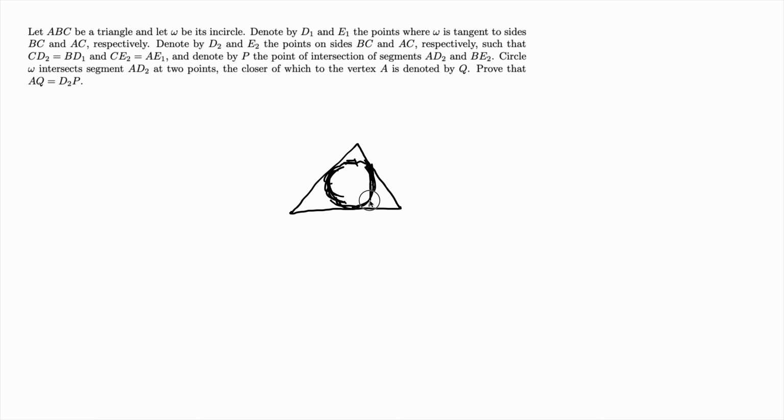It's so hard to draw circles here. So let's call this omega, and here A, B, C. I want our circle to be quite thin because we need to label some of them. Oh, cool, this is great.